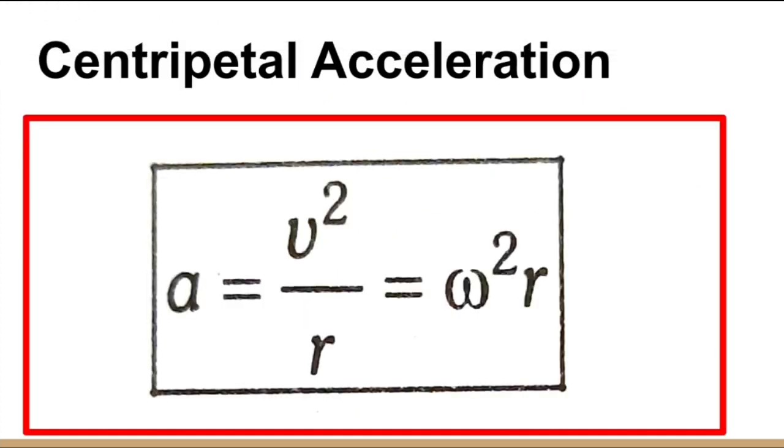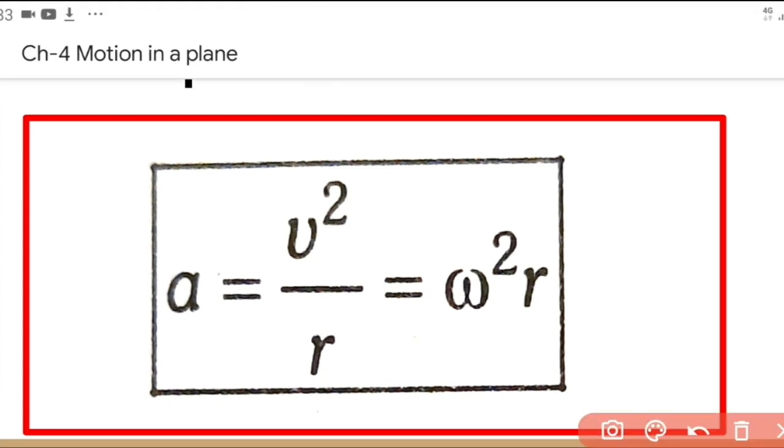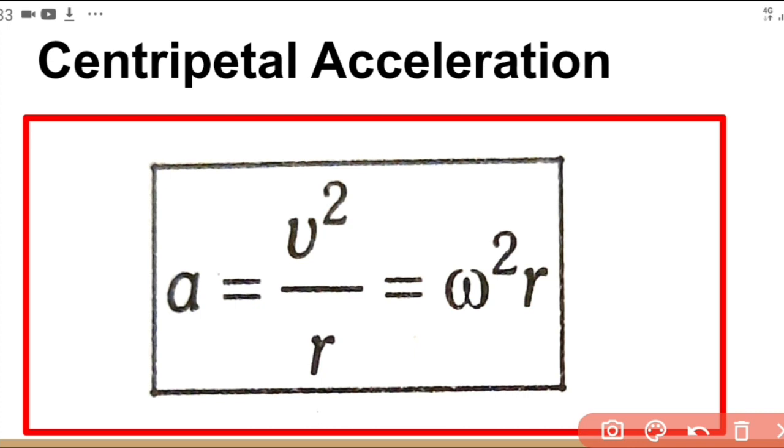Now, since we have this relation, we can rewrite the expression for centripetal acceleration. We already wrote the expression for centripetal acceleration to be v square by r, where v is the speed and r is the radius of the circular path. And now we obtained v as r omega.